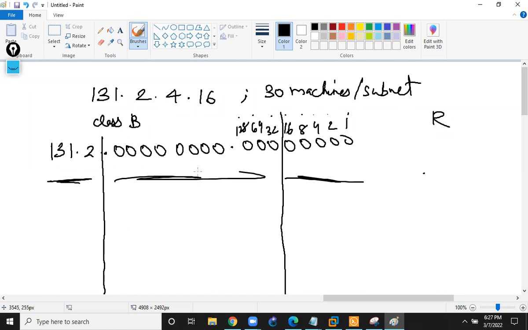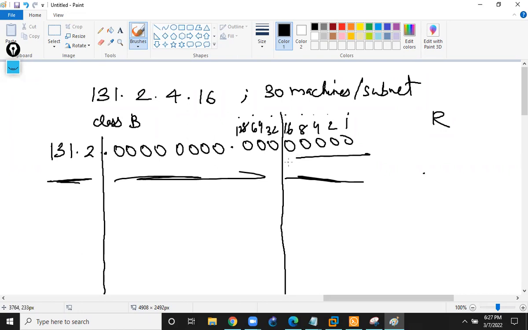How did you get 11? 1, 2, 3, 4, 5. Five bits?